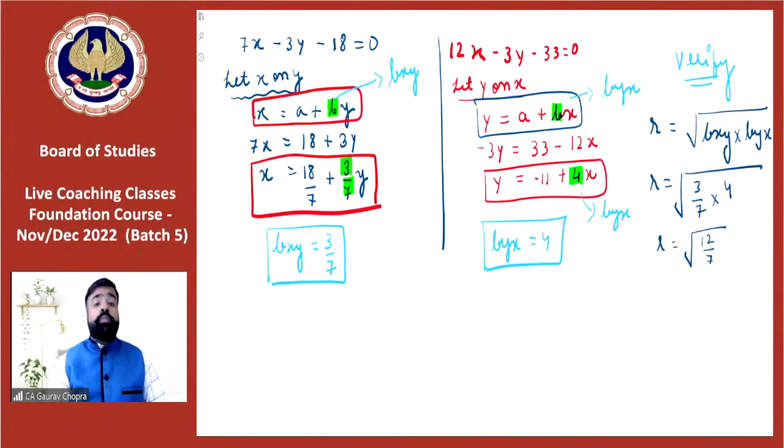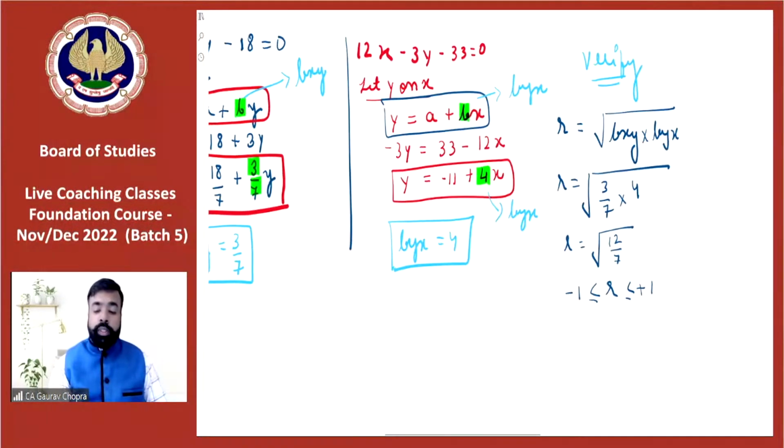R cannot be more than 1 because the limit, or we can say the range of R, is from -1 to +1. But here R is coming more than 1, which is not possible. So we can write that this R is not possible because the limit of R is from -1 to +1. That means our assumption is incorrect.